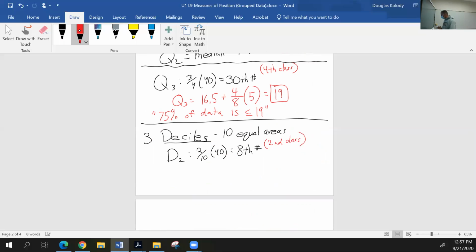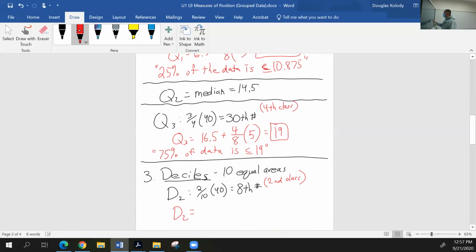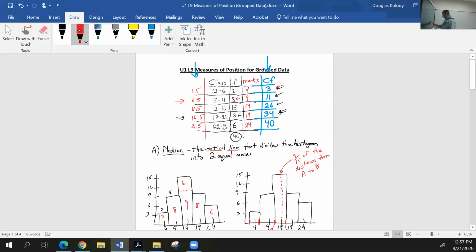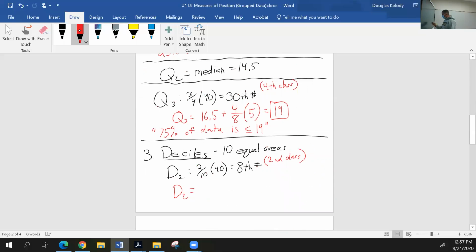Just press select. Okay, so to find the second decile, I'm going to take the lower boundary of the second class, which is 6.5. Keep in mind as well, there's 8 numbers in the second class, and there's 3 numbers in the first class. So I'm going to take the 6.5 plus, there's 8 total numbers in the second class. 3 plus what gets you to the 8th overall number? 3 plus 5, Mr. Cody.